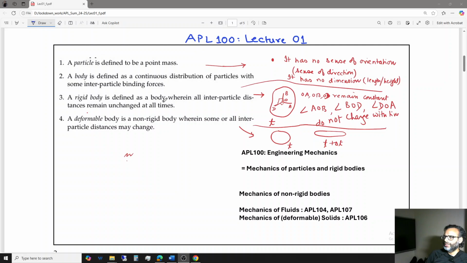I repeat, a rigid body is defined as a body wherein all interparticle distances remain unchanged at all times. Whereas a deformable body is a non-rigid body. You can also call a deformable body as a non-rigid body. And in a non-rigid body, some or all of the interparticle distances may change with time.